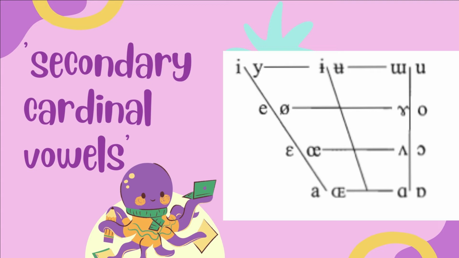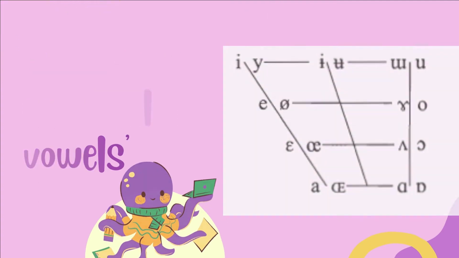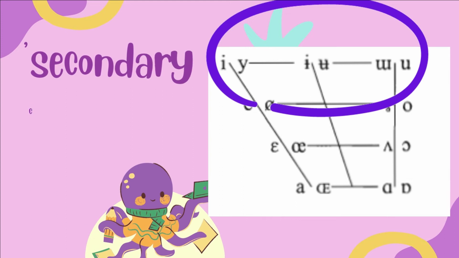To reflect this, 8 secondary cardinal vowels are therefore defined, which differ only in lip position from their primary counterparts. These are shown paired with their primary counterparts in the word part of figure 4.